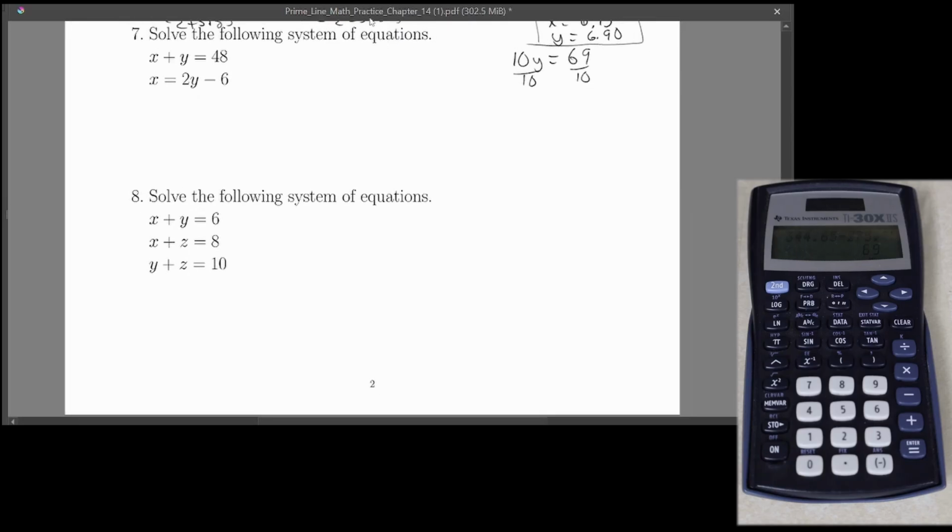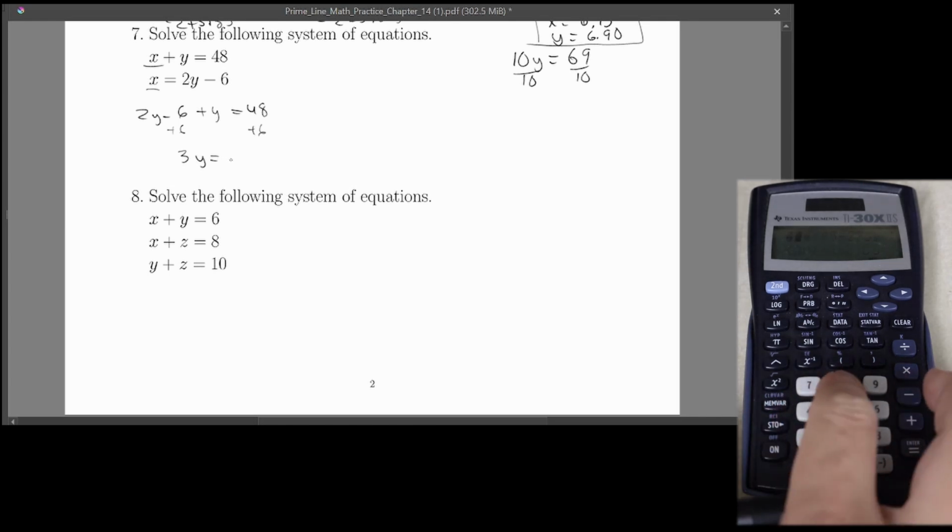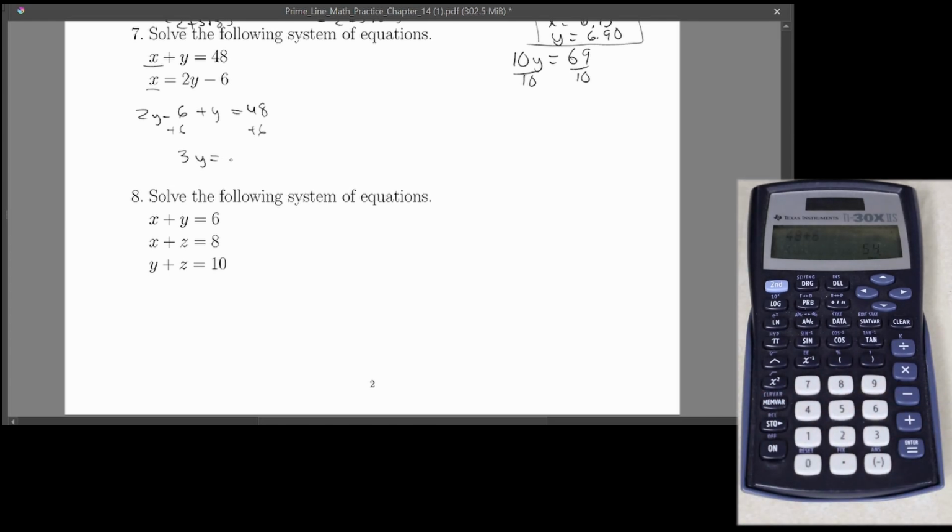Our next equation. We can plug in this directly in for the x, so we get 2y minus 6 plus y equals 48. We can add 6 to both sides, and we have 3y equals 48 plus 6, which is our 54.